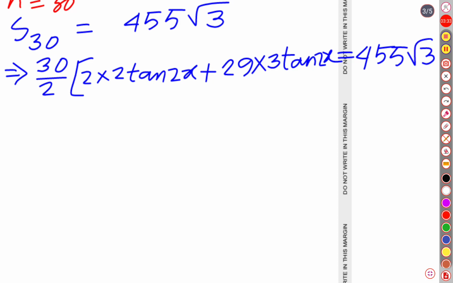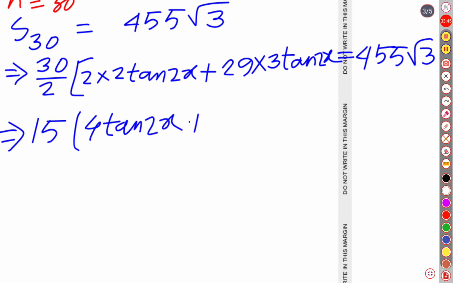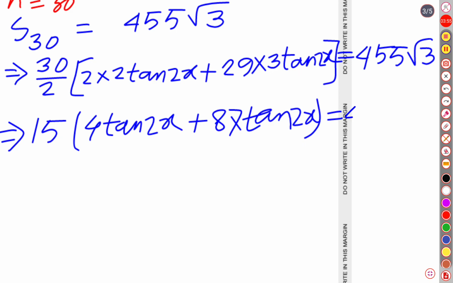Well, then if we simplify, if we divide 30 by 2, it is 15, and here 2 twos are 4 tan 2x, plus 3 twenty-nines are 87 tan 2x, equal to 455 square root of 3.